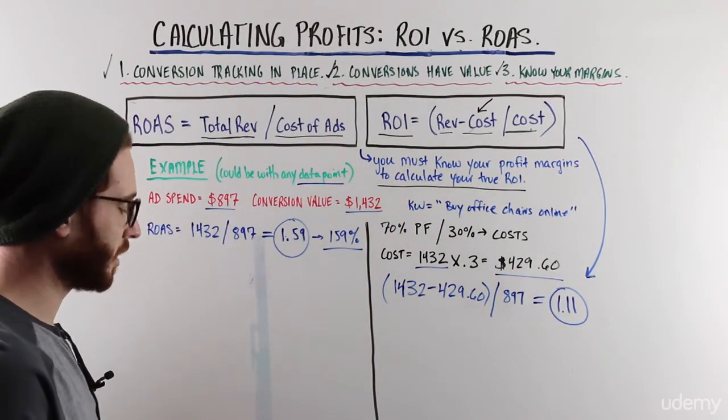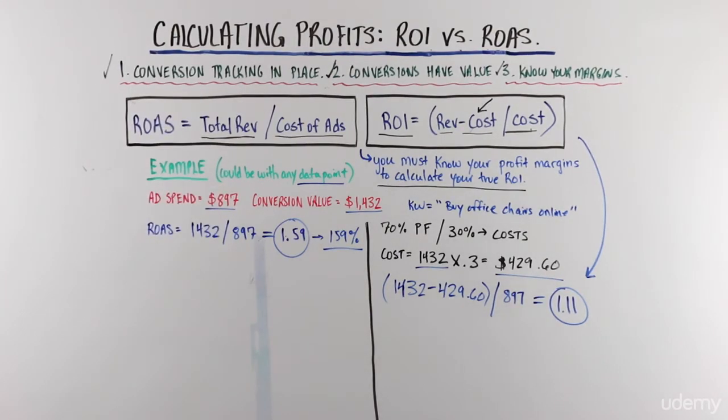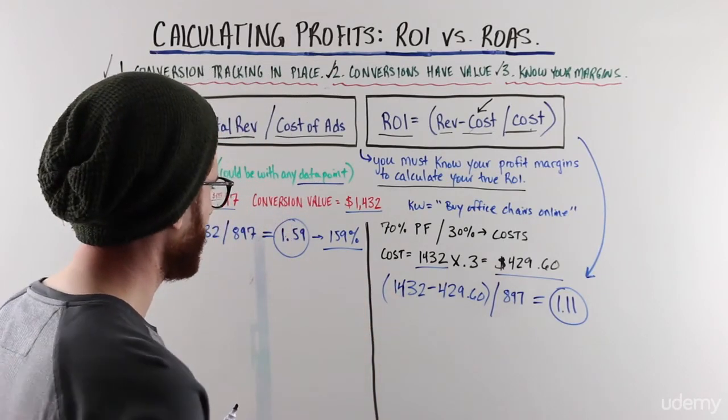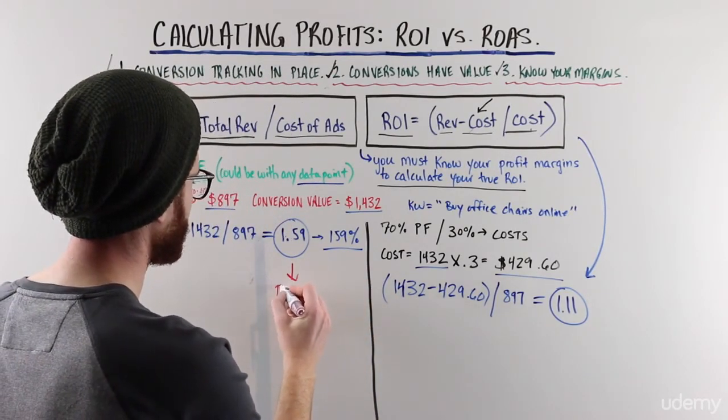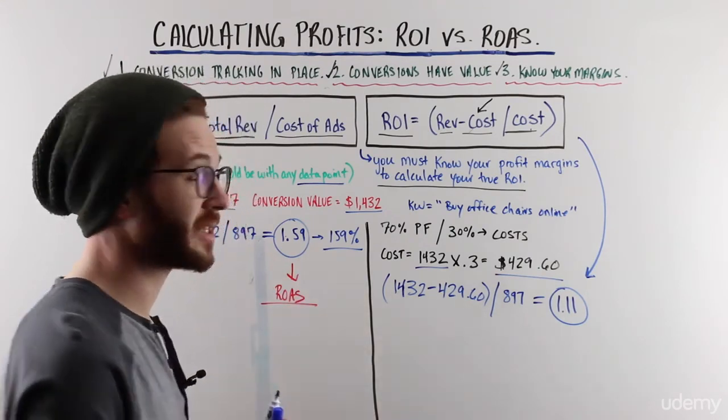Now, interestingly enough, and this is something you would definitely have realized just thinking about this number, 1.11 is lower than 1.59. So we have an ROAS of 1.59. So we're saying, hey, listen, we're making 59 cents on every dollar.